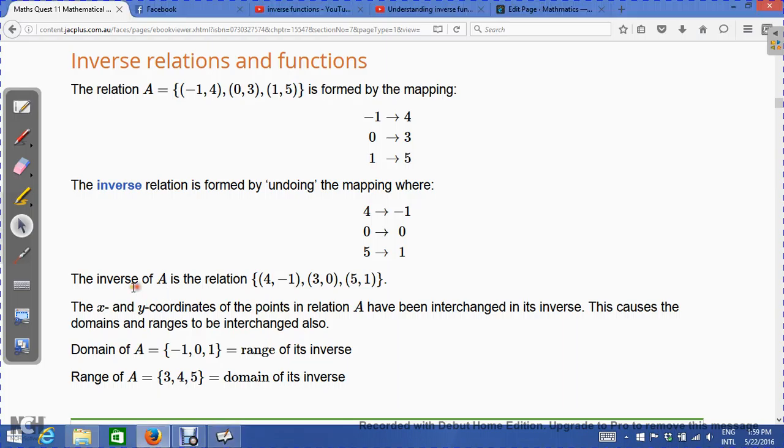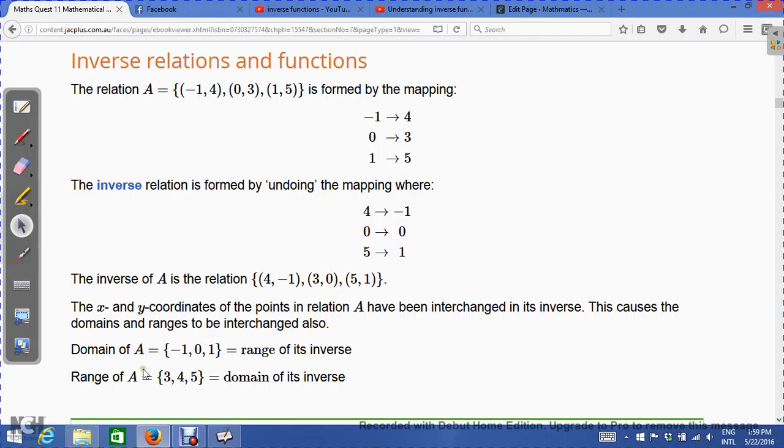So we can say the inverse of A is going to be (4, -1), (3, 0), and (5, 1). We've basically just swapped them around. The x and y coordinates of the points in relation A have been interchanged in its inverse. This causes the domain and range to be interchanged as well.